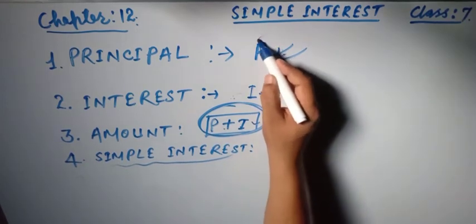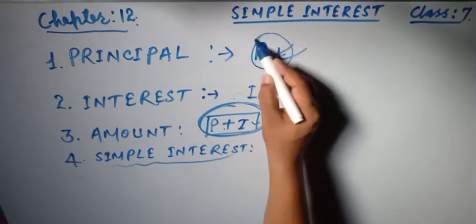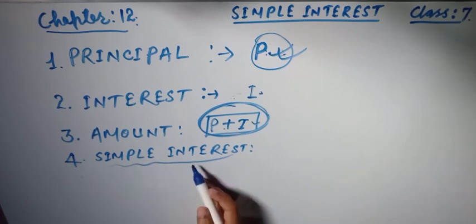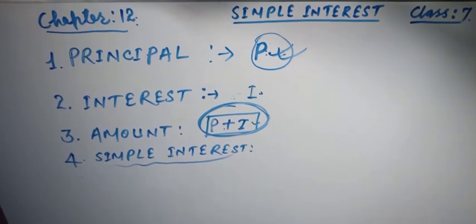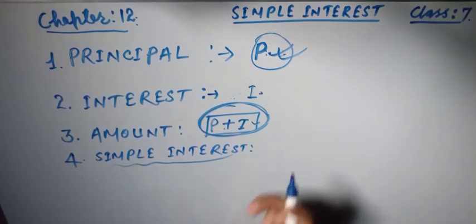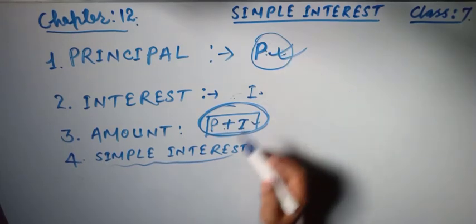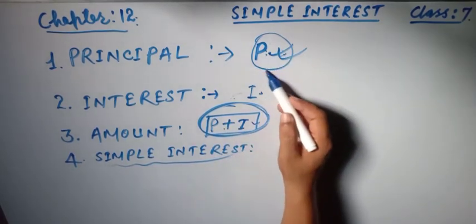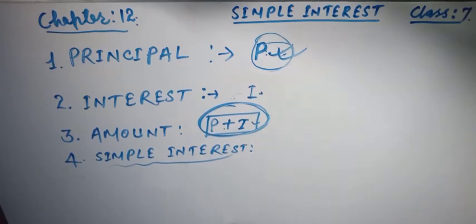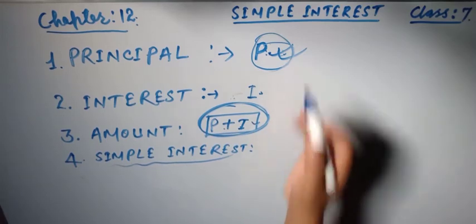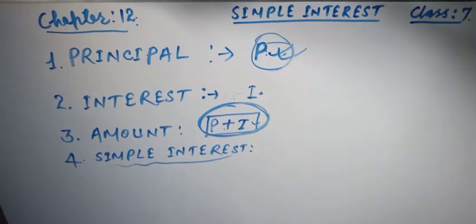So the original money means principal. Simple interest depends upon the initial amount, that is P, and the given period. So simple interest is the money which is calculated uniformly on the original money, like the principal, throughout the given period.